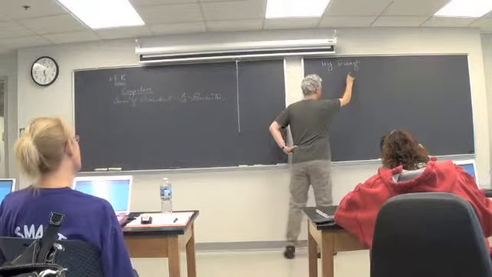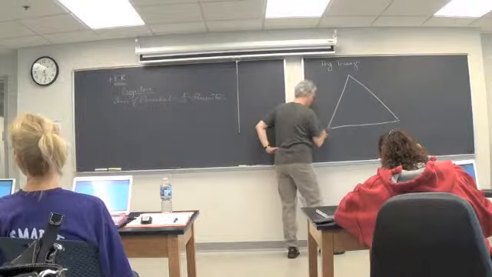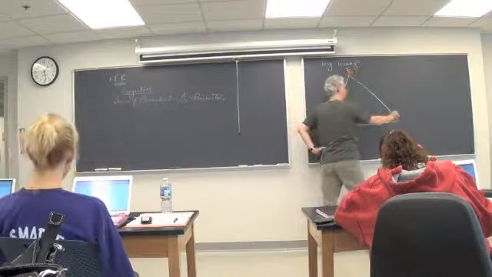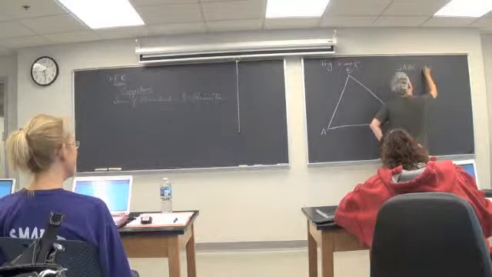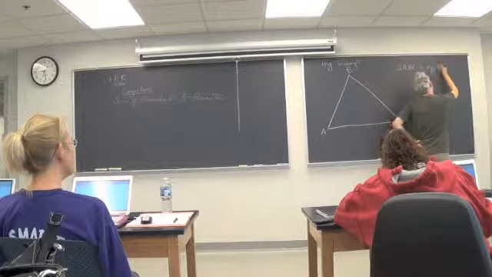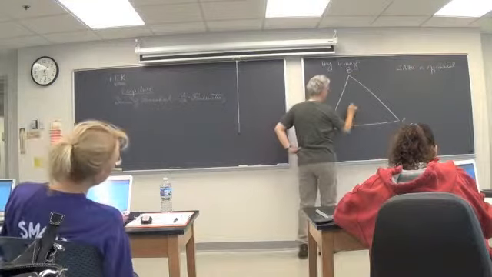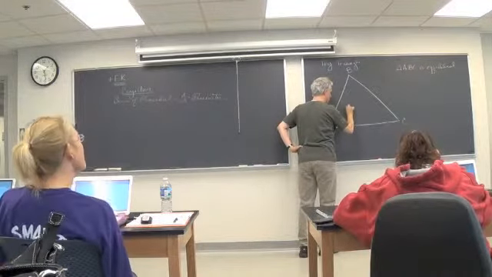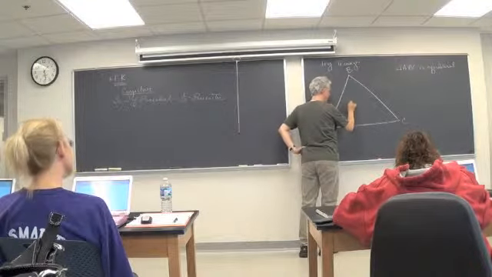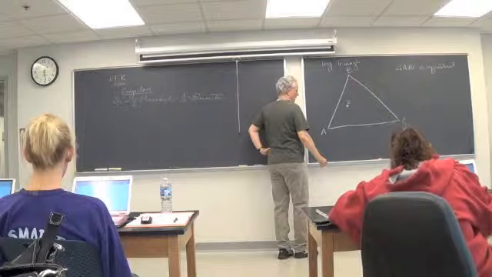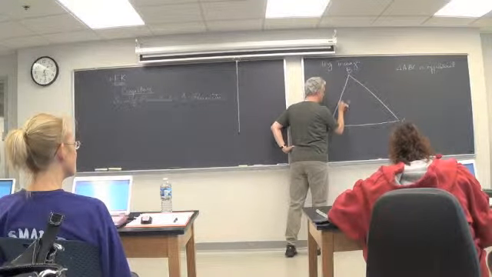So let's pretend like we have an equilateral triangle. So ABC is equilateral. And we put a point inside here, call it D. And then I found perpendiculars to the edges.